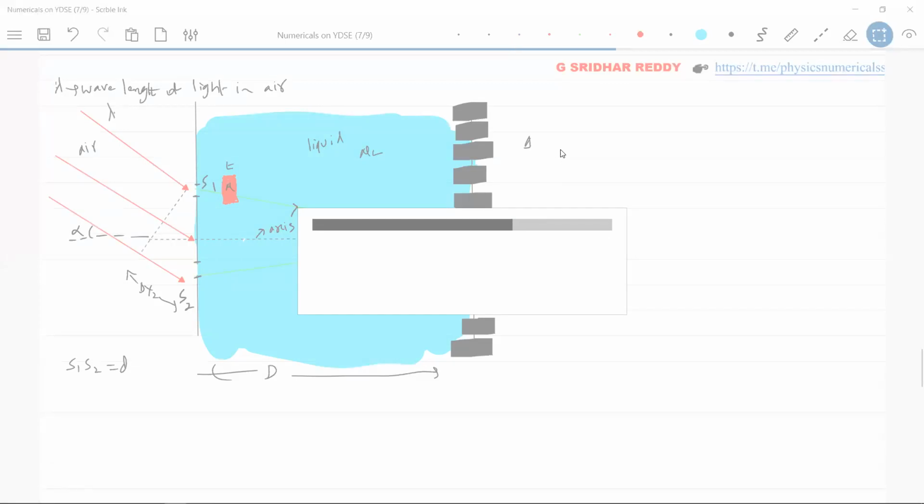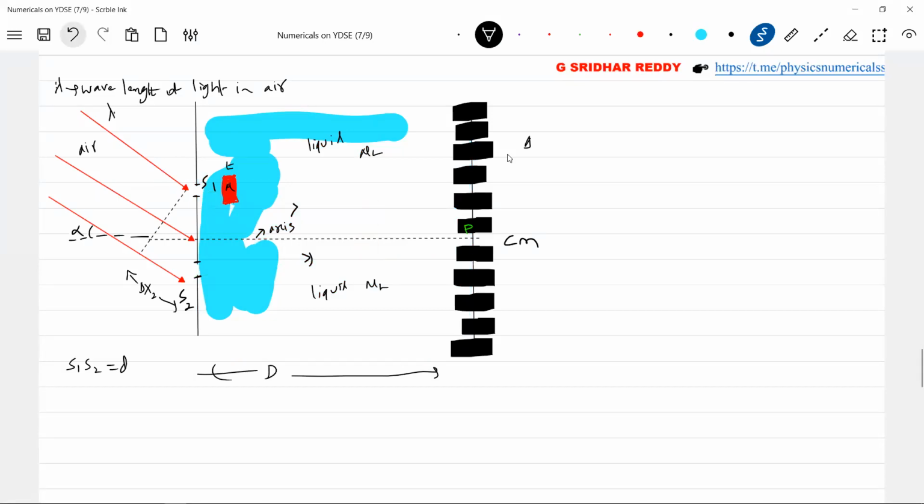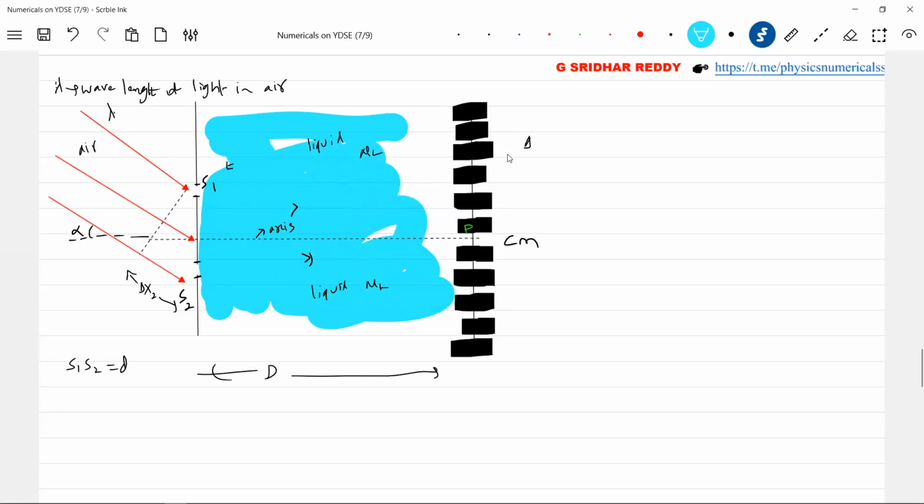Somebody mute it. The condition I'm putting is, I don't know how to bring the central maxima exactly opposite to slit S1.